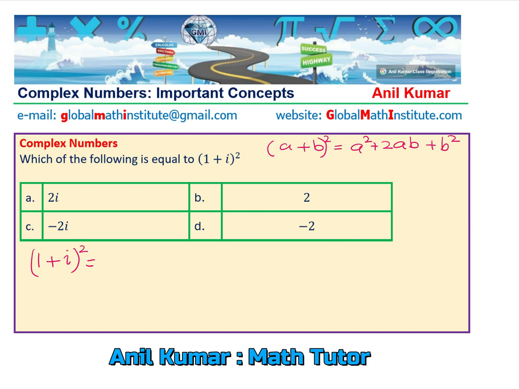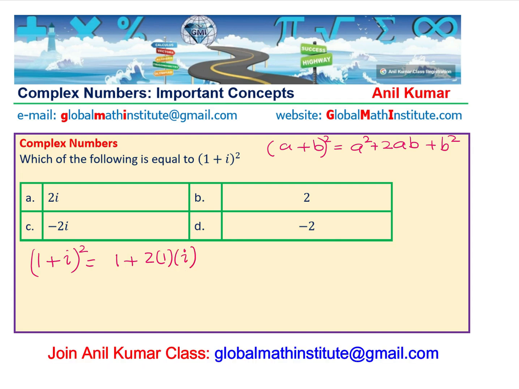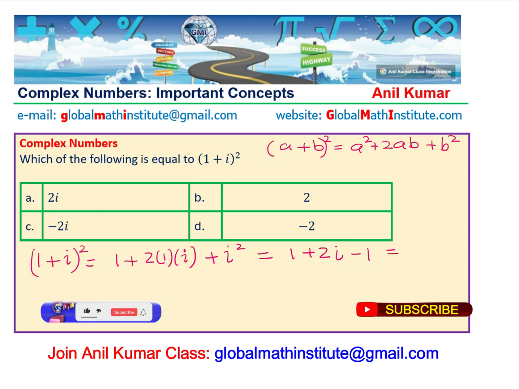So when we multiply (1 + i) with itself, we get 1 squared, which is 1, plus twice 1 times i, plus i squared. Now that gives us 1 plus 2i, and i squared is negative 1, and 1 minus 1 is 0. We are left with 2i, and therefore option A is the right option for us, correct? So I hope that is clear.